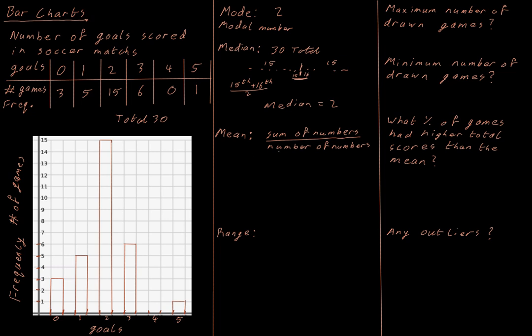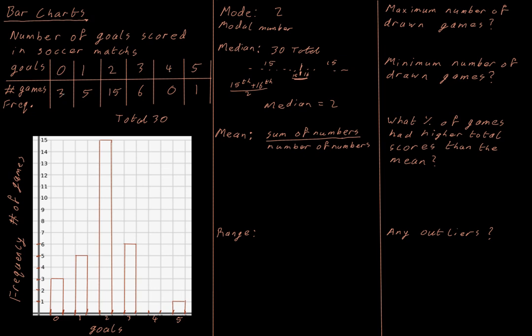And then again, we would be able to do this by adding up 0 plus 0 plus 0 3 times, plus 1 plus 1 plus 1 5 times, plus 2 plus 2 plus 2 15 times, and so on.